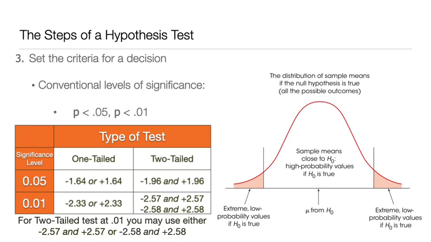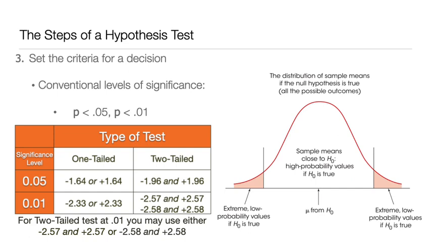For step 3, what is the criterion for our decision? Again, those conventional levels of significance are 0.05 or 0.01. We have gone ahead and looked up in the Z table what those probabilities are. You don't have to use your Z tables for this, because the beauty of a Z table is that it is a standard distribution, so it doesn't change.